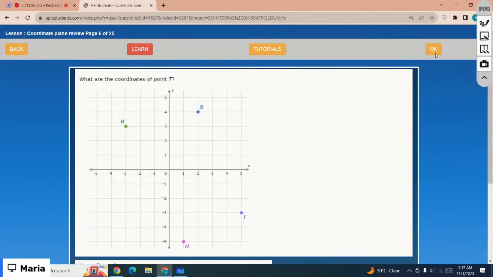Okay, the next one is what are the coordinates of the point T? So, which is the correct option?